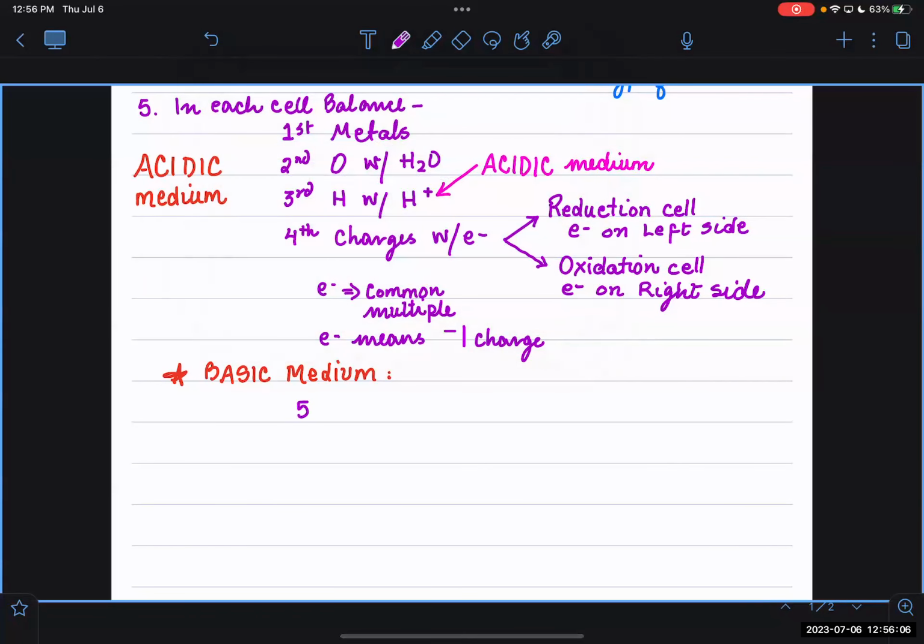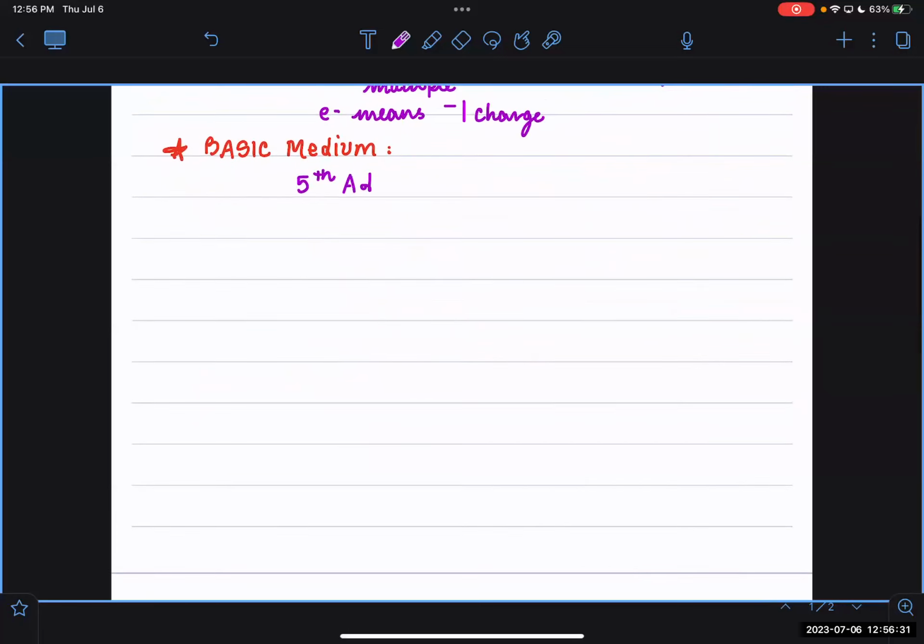And the 5th step here is you're going to add the OH ions.